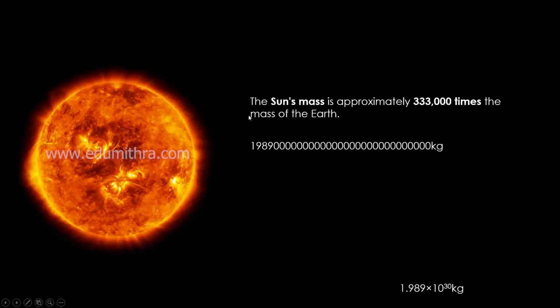Similarly, the mass of the sun, or simply the weight, but more properly the mass, is approximately 333,000 times the mass of the Earth. Take the mass of Earth and multiply it by 333,000.